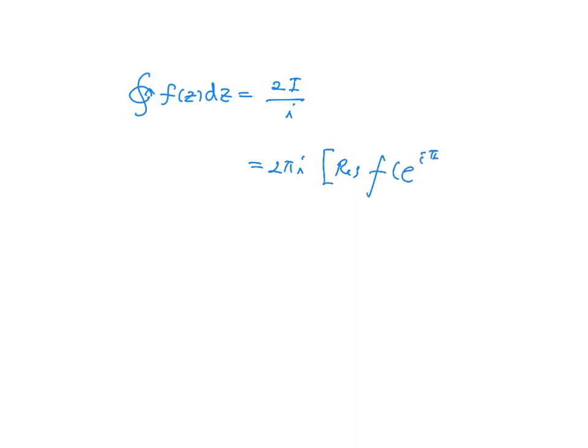So the closed integral actually becomes 2I over I, which is 2 pi I times the residue f exponential I pi over 2 plus the residue f exponential I 3 pi over 2.